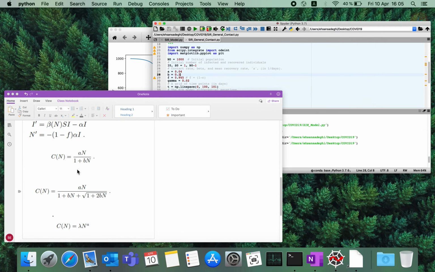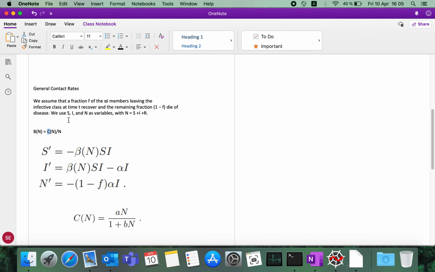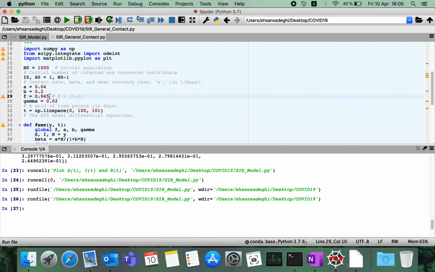And F, the definition of F, is that a fraction F of the A times I members leaving the infective class at time t recover, and the remaining fraction 1 minus F die of disease. So basically here, if I define 0.9, it means that 10% of the population will die from the disease.